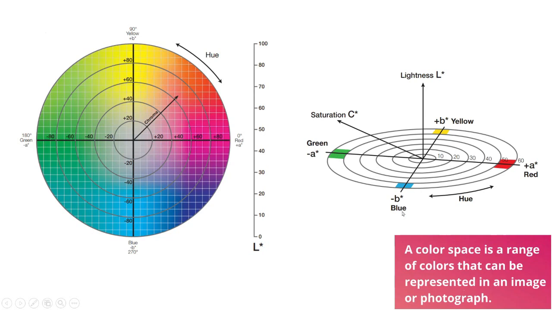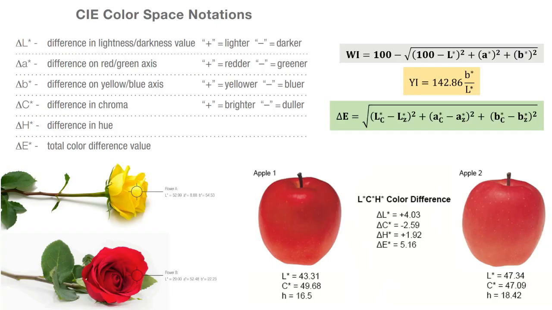If you are getting a negative b star value, there are blue components. For the L star, 0 is darker and 100 is lighter. Okay, and if you try to interpret this HSI in the CIE Lab color space, you can also perform that. If you draw a circle, that will represent your hue, then saturation and intensity.